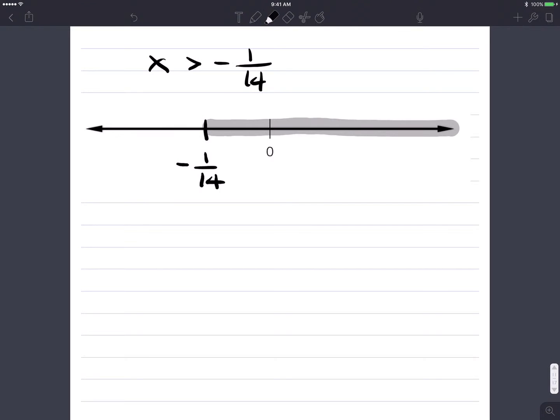This is where we shade. Our inequality symbol is strictly greater than. So we're going to use the parentheses to communicate to the reader that this is really greater than. We do not include negative 1/14.